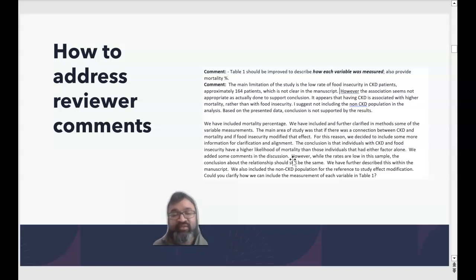So again, that's what is going on. Let me write this out here. Sometimes people learn through visual representation. So what I'm looking at here is CKD, and then taking a look at overall mortality.